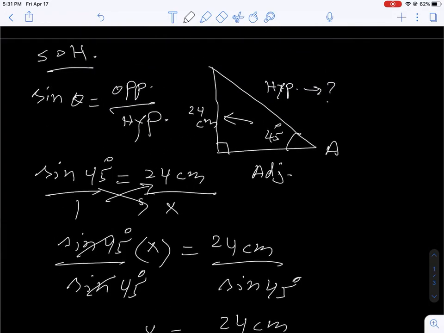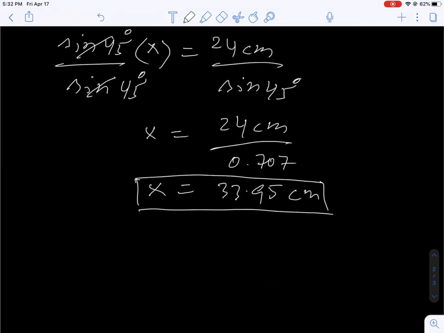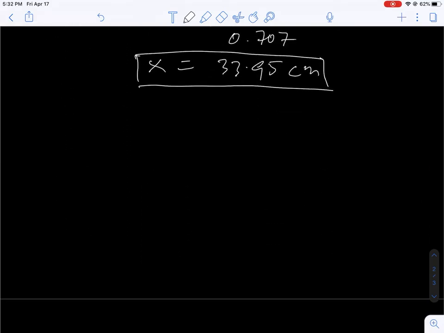Okay, so this is the example of how to find hypotenuse. If the hypotenuse is given and we are asked to find adjacent, we'll do another example for that. So this is another right triangle. That's a 90 degrees angle.